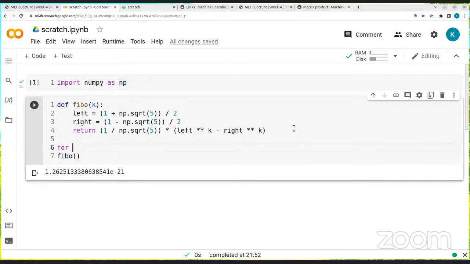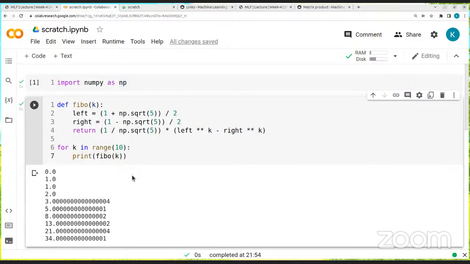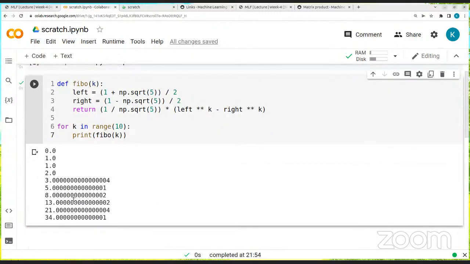Okay, let's just do some Python for a while. Let's print the first 10 Fibonacci numbers and see if this formula actually works or not. This is some floating point error, so that can be ignored.